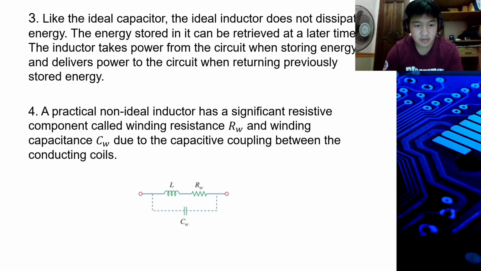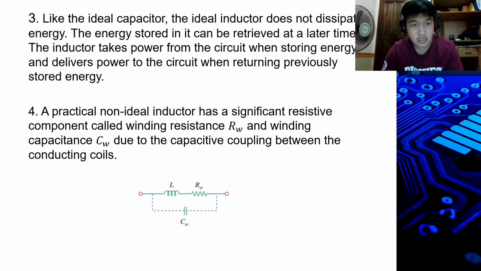So like a capacitor, the inductor first stores the energy through current, and at a later time it just passes it to a component within the circuit. So it seems there is no energy or power dissipated in it.